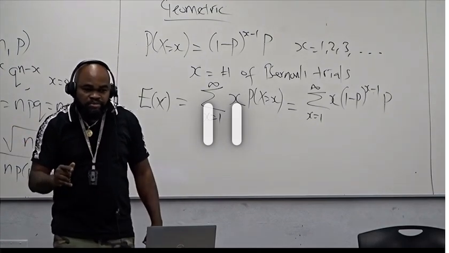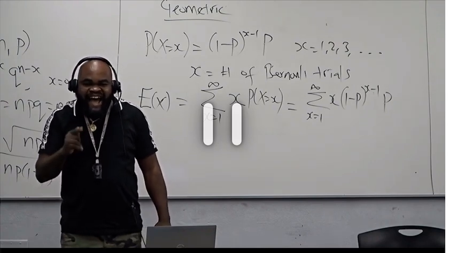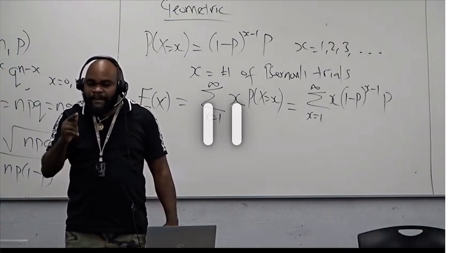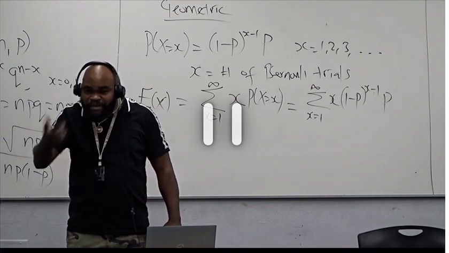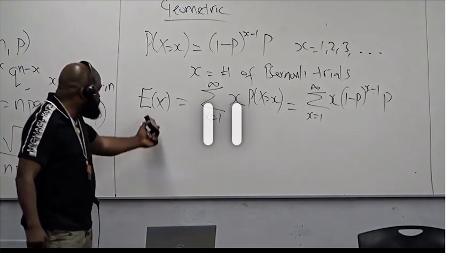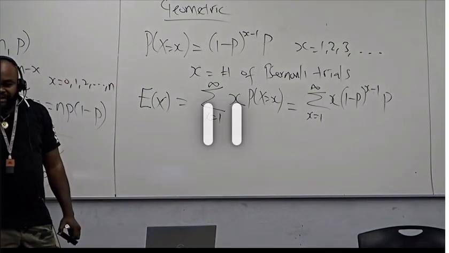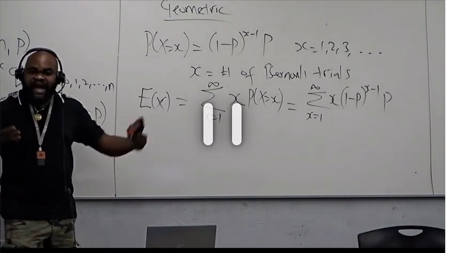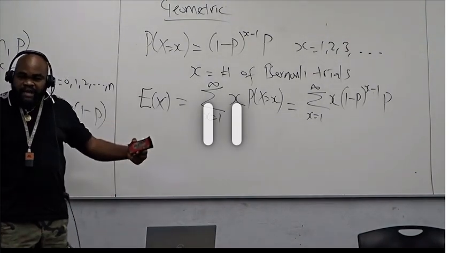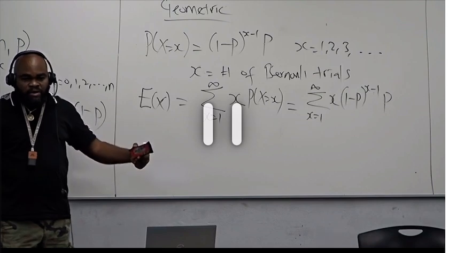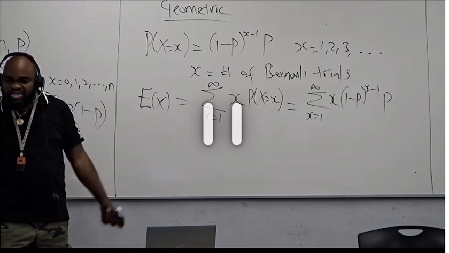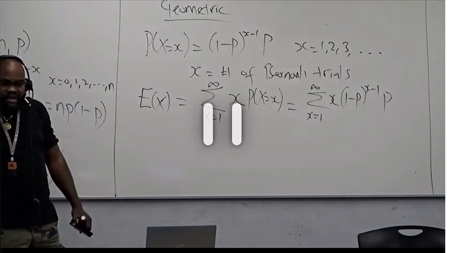Now the question is, what is the average number of times I'm going to call before they pick my call? That is what we want to derive. What is the expected value of x? What is the average number of times I'm going to call before seeing the first success? That's what we're deriving right now.